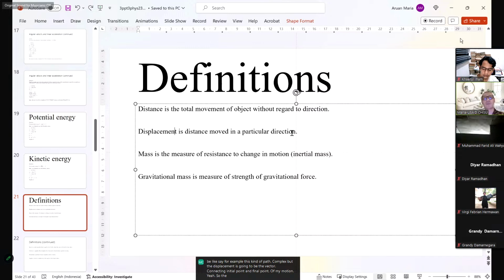Distance is just a number, and displacement is a number and direction to it. Just like speed is just the number, and velocity is the number and direction. Velocity is v, it's a vector. Speed is s, it's a scalar value. Scalar means just the number, just one value.